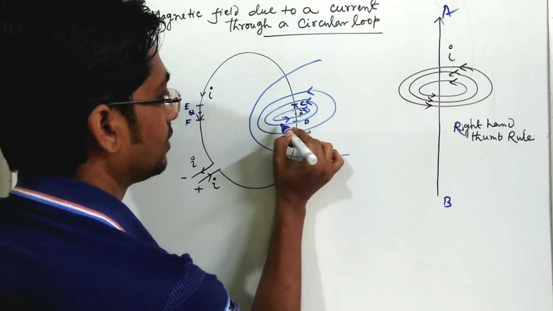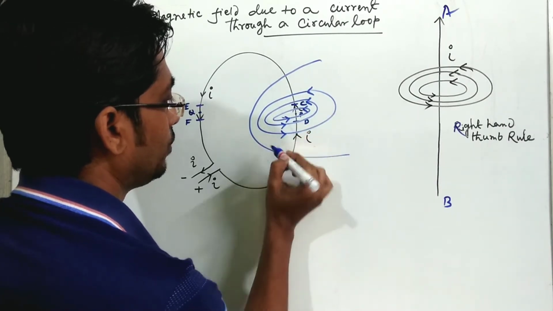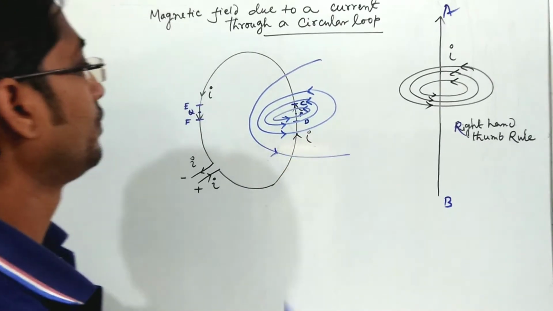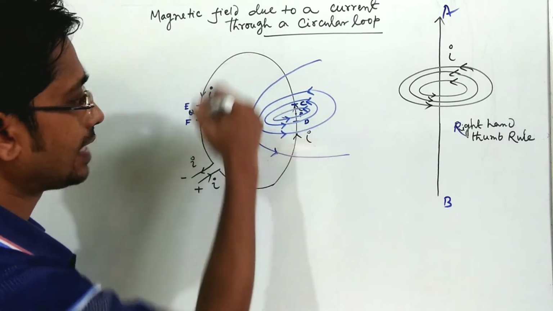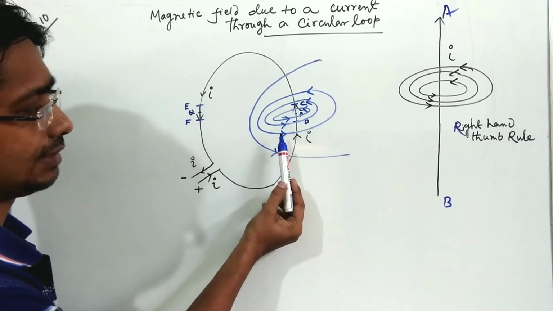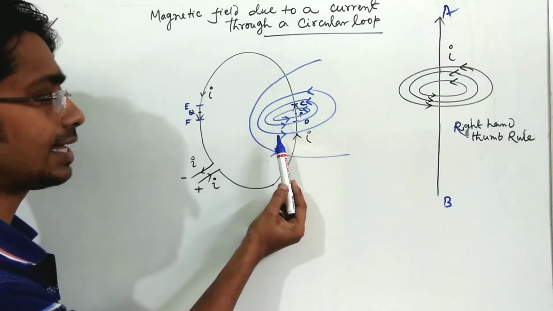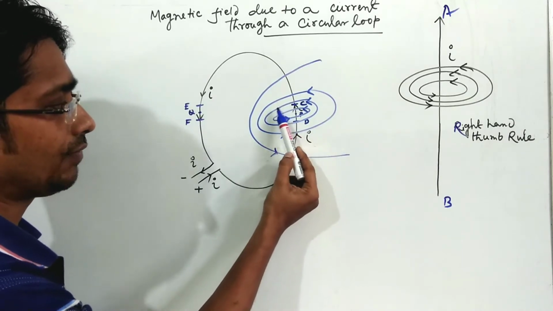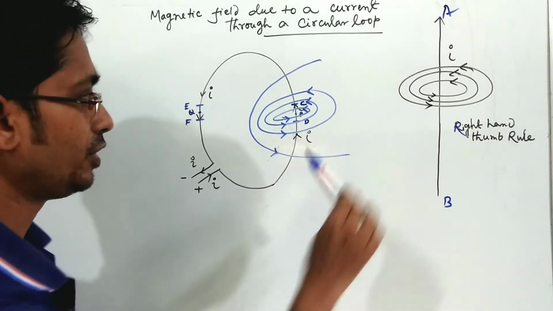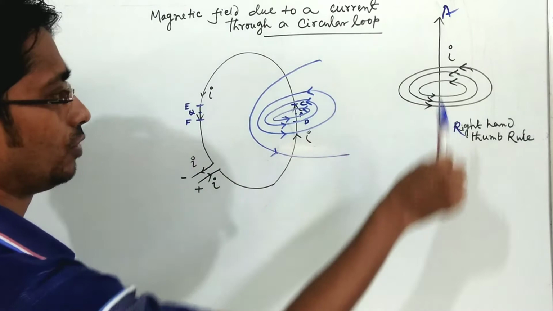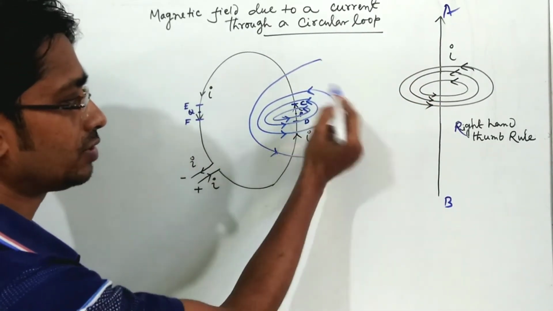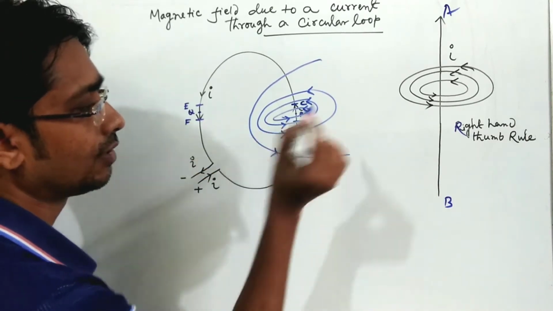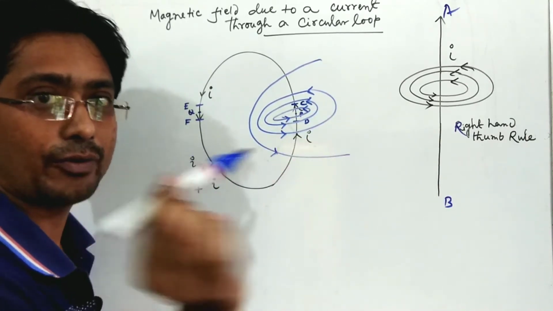Inside the circle you can watch that the magnetic field lines are coming towards you. Outside the circle they are going away from you.